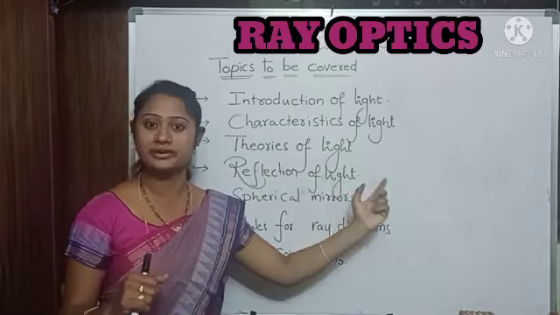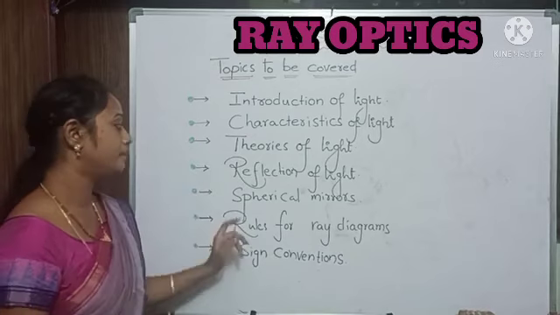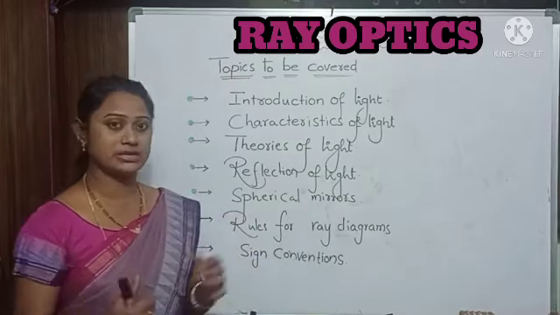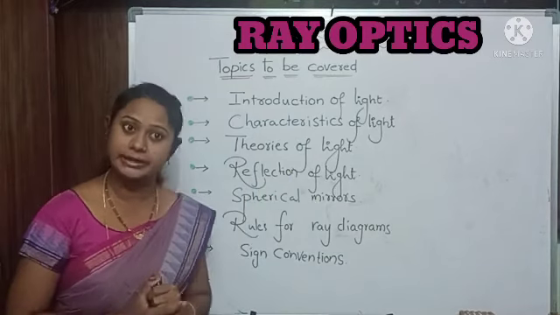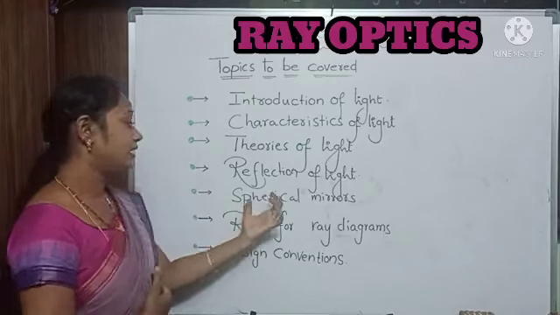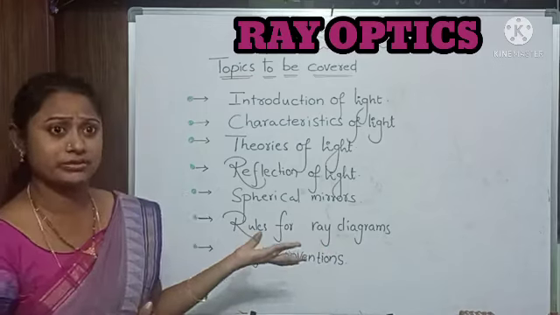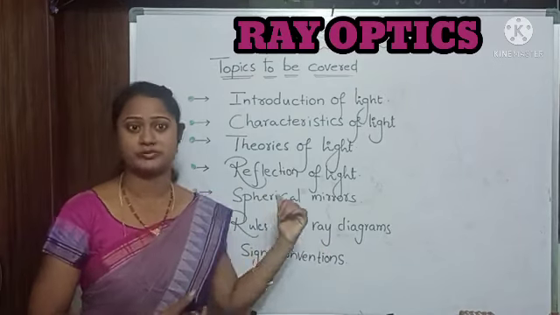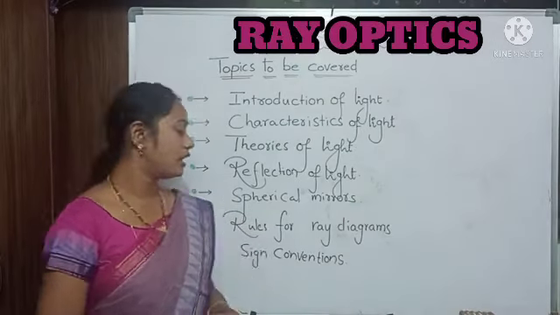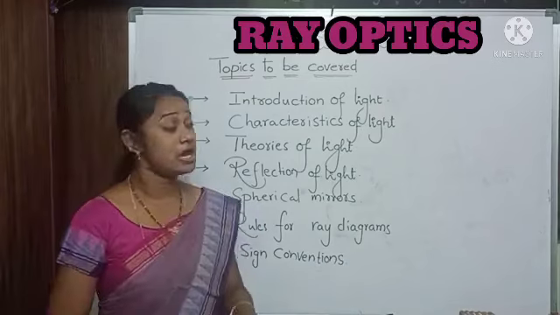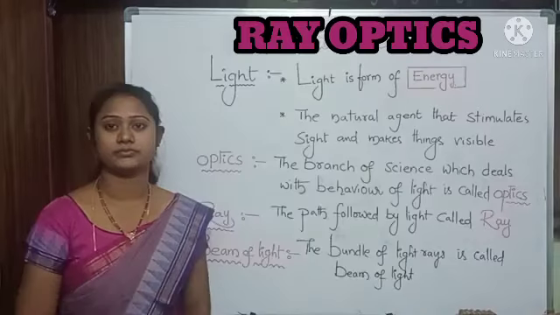This is a property of light. Spherical mirrors. Every day in our lives we are familiar with plane mirrors, isn't it? And in spherical mirrors, we are going to discuss the convex mirror and concave mirror. In our vehicles, we use the convex mirror and concave mirror. Next, rules for ray diagrams and the sign convention. These are all the topics I am going to discuss with you today.